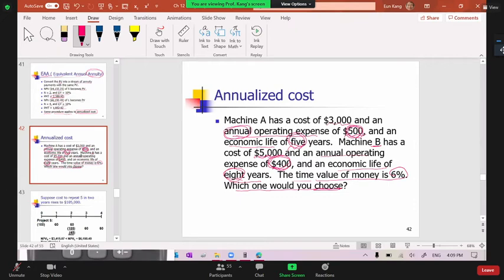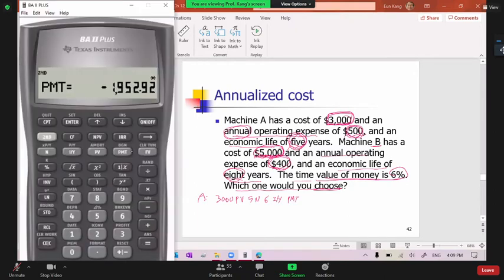Then what? Then you have to make this investment, 3,000 and 5,000, into annualized cost. So, for example, A, you have 3,000 present value, 5 years, so 5 N, and time value of money 6%, so 6 I/Y, and compute payment.